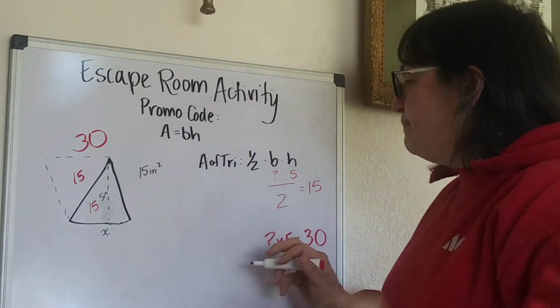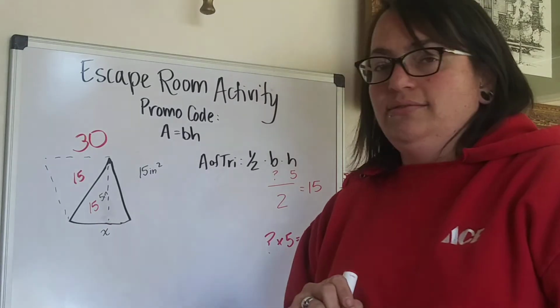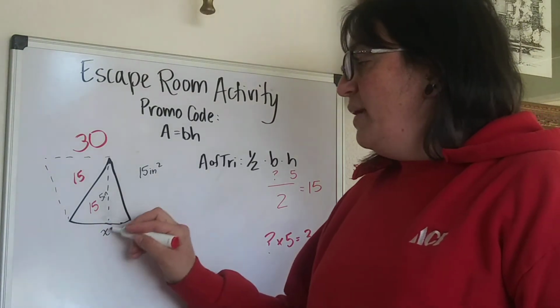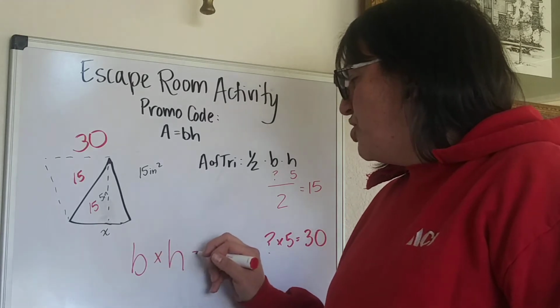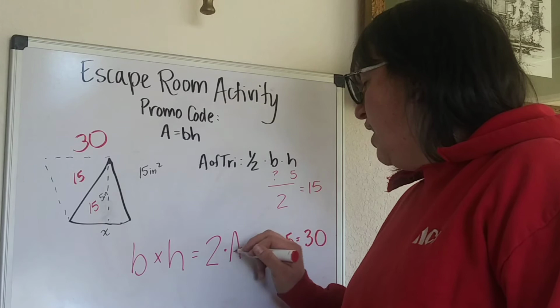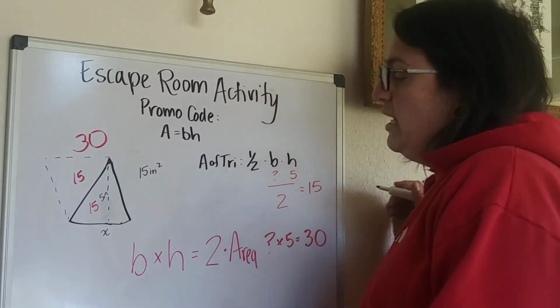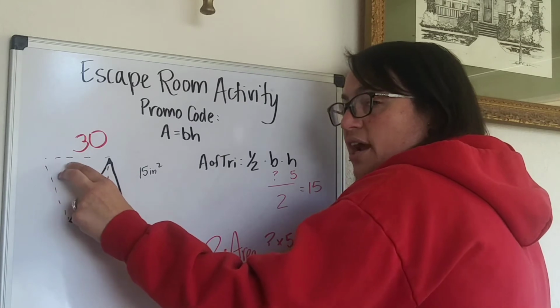So therefore, what I recommend to you is to take your area and double it. Then your base times your height should equal 2 times your area. Meaning this base and this height should equal 2 of your areas, okay?